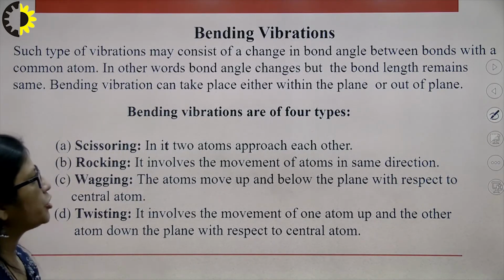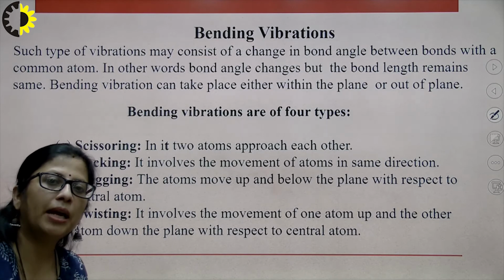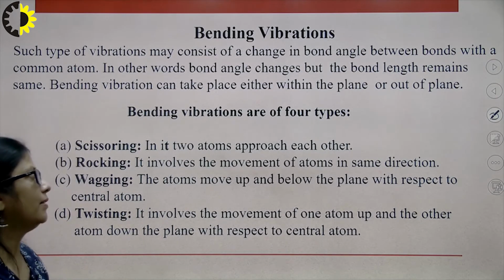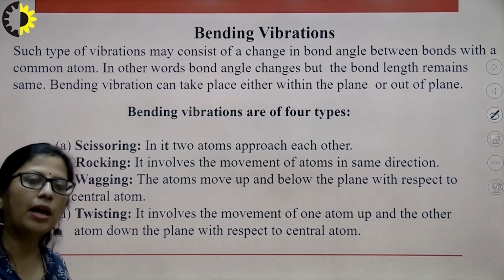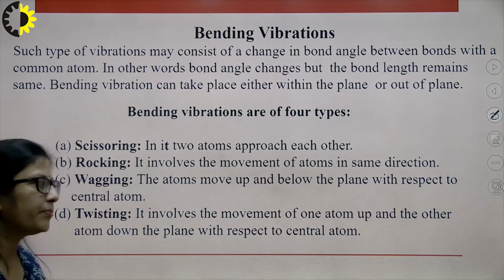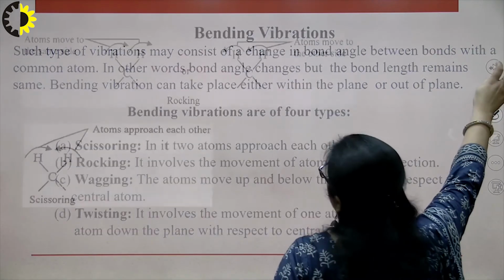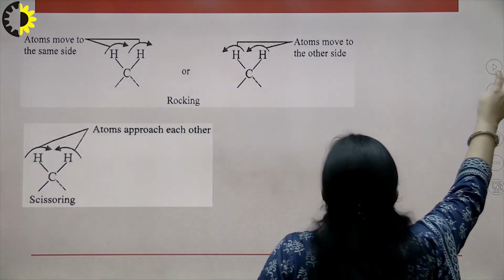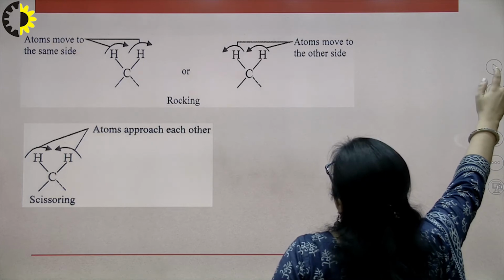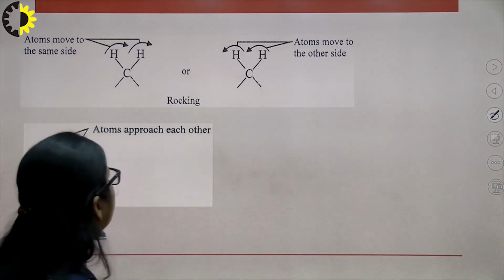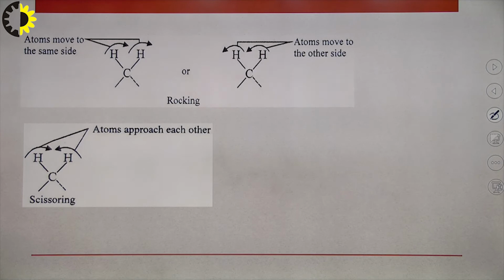The bending vibrations can take place within the plane or out of plane. Now, these bending vibrations are of four types: scissoring, rocking, wagging and twisting. Now, coming first to rocking and scissoring.